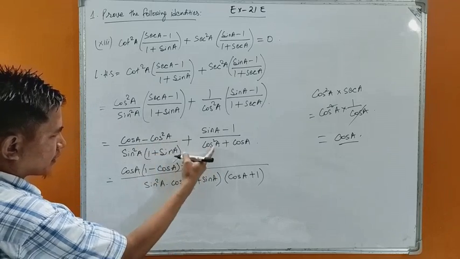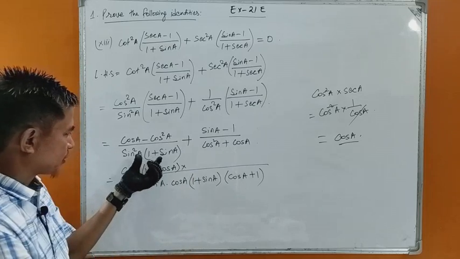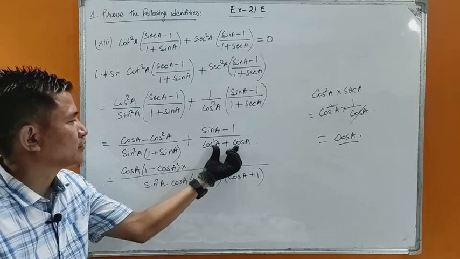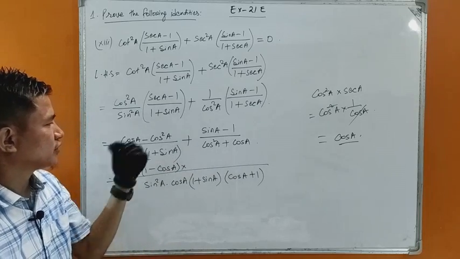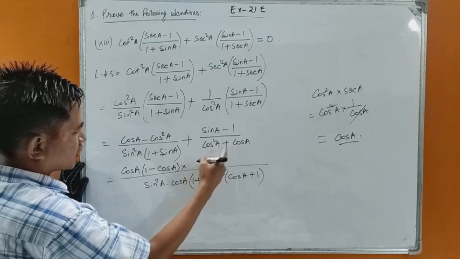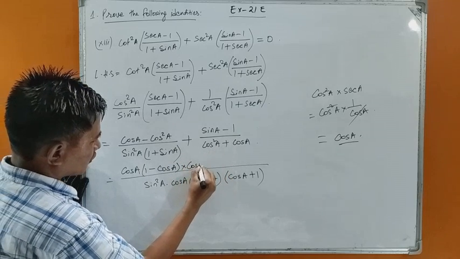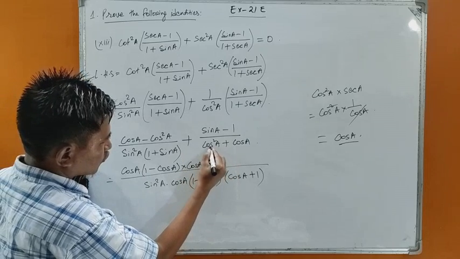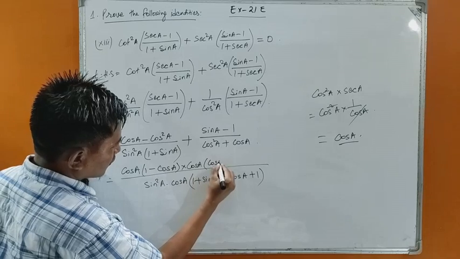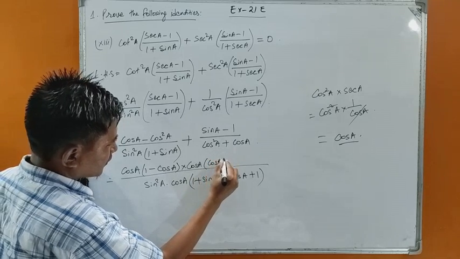We need to multiply this 2, isn't it? While taking the LCM, because this whole thing multiplied with this gives us this whole thing. So this into this. From here we take cos a common into what remains within the bracket? Cos a, isn't it?